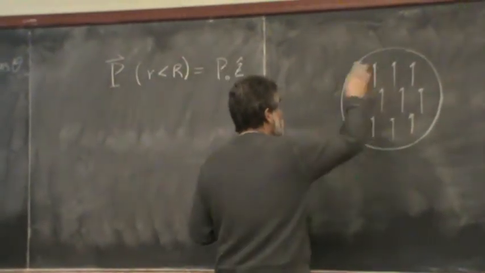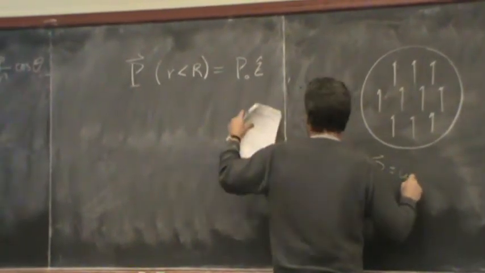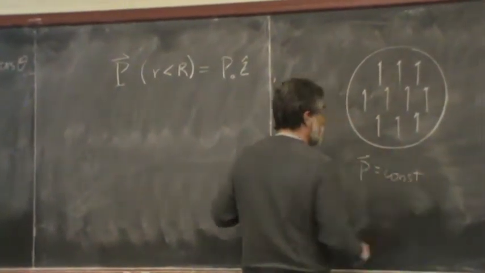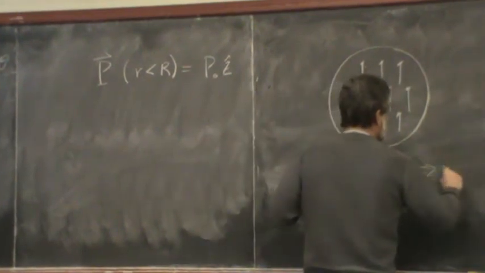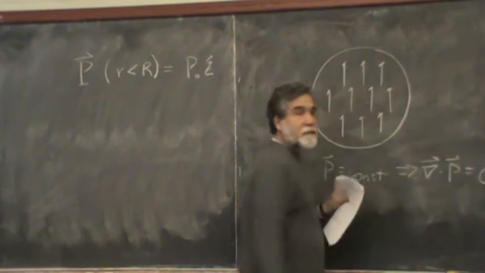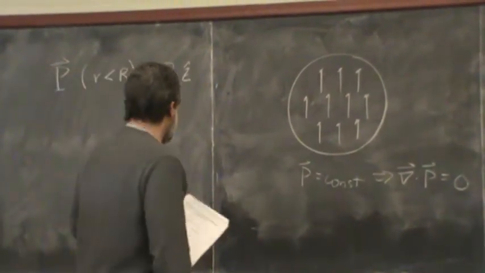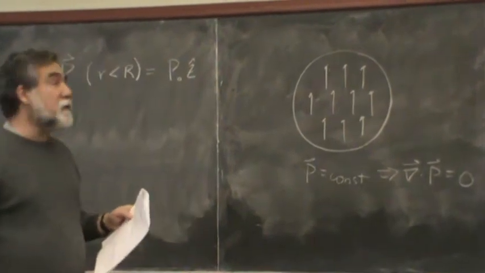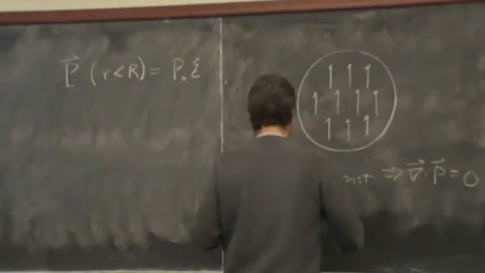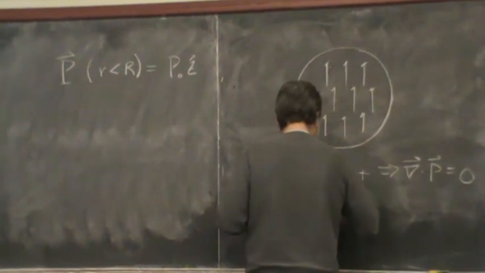And because the polarization is uniform, I wrote it, constant, up there, that means the divergence is 0. And I can work out what the charge density on the surface is. The bound charge density.